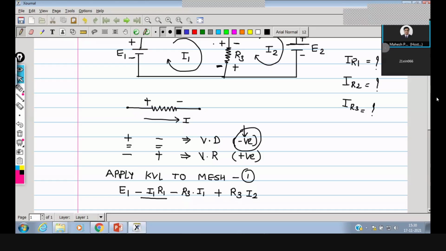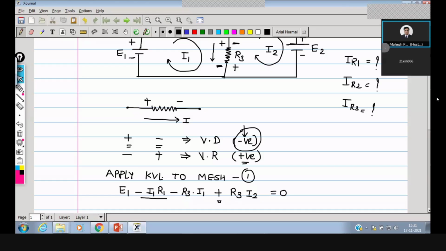The direction of assumption is this way, and the sign convention of the resistor is minus and plus, so it will be considered as plus. For that reason I have written R3 I2, and equal to 0. So this is the first equation that we can write.